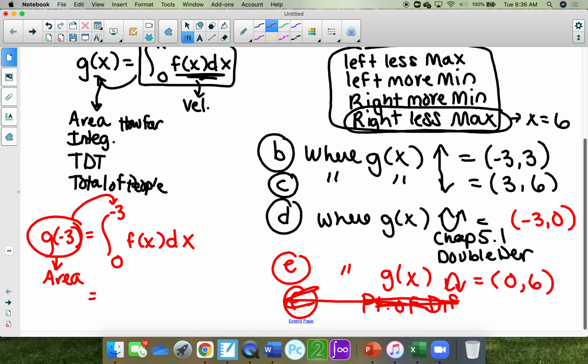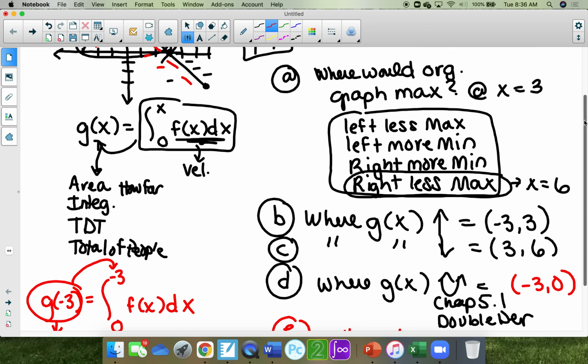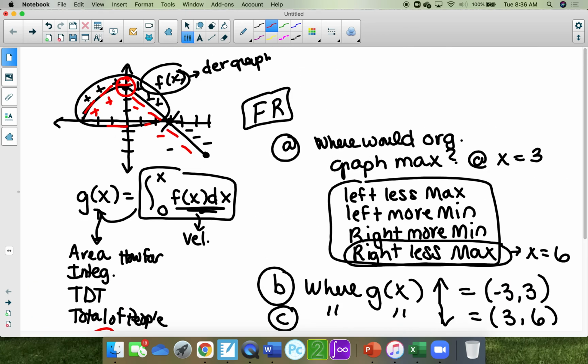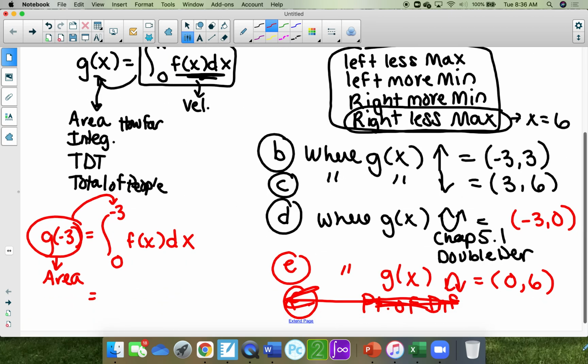And if you look at your picture, from 0 to -3 makes 1/4 of a circle. 1/4 pi r squared. So 1/4 pi, and the radius is 3 squared, which is equal to 9/4 pi.